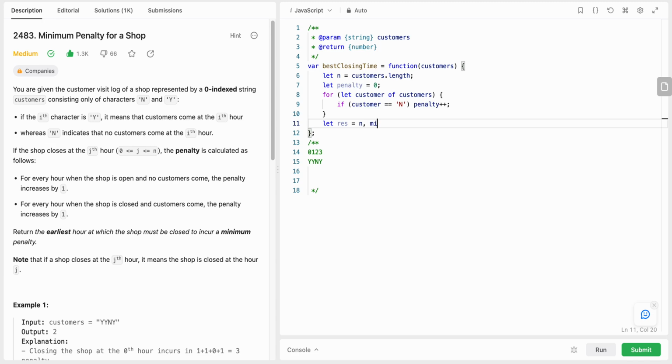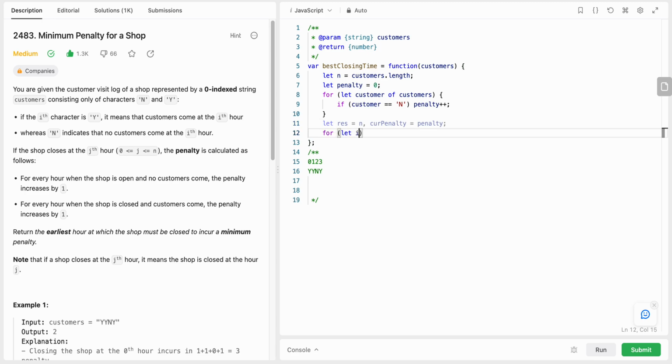Now we need our minimum, so we need our current penalty, and let current penalty also be equal to penalty, because that is the current penalty. We are starting from the end.